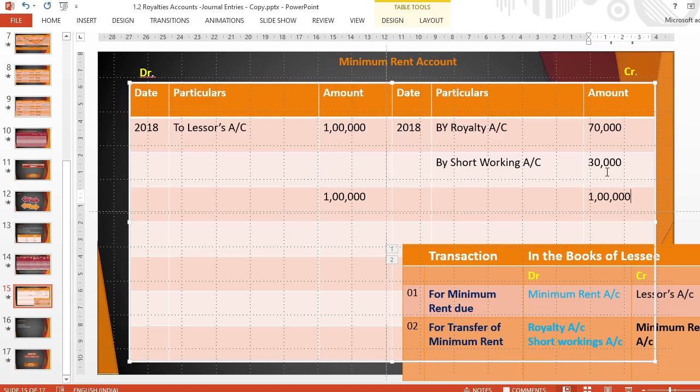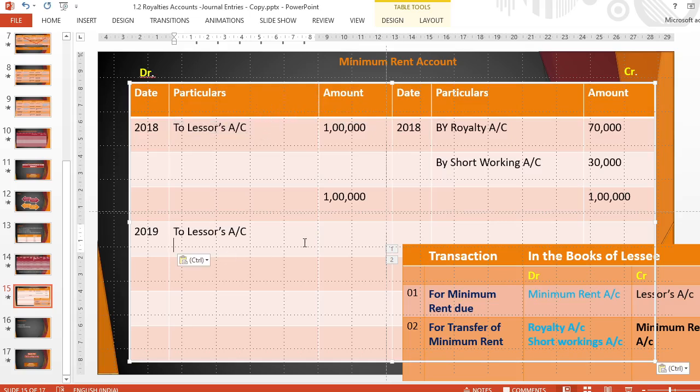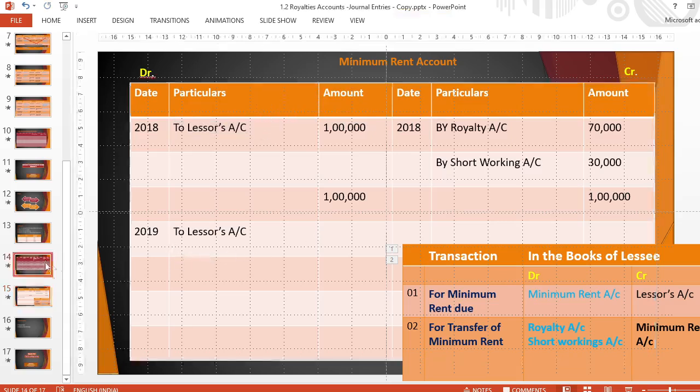70,000 plus 30,000. Again in the year 2019 the same transactions will repeat. So minimum rent account debit. On the debit side of minimum rent account, I'll record the same entry to lessor's account. Again, I should check the royalty table.